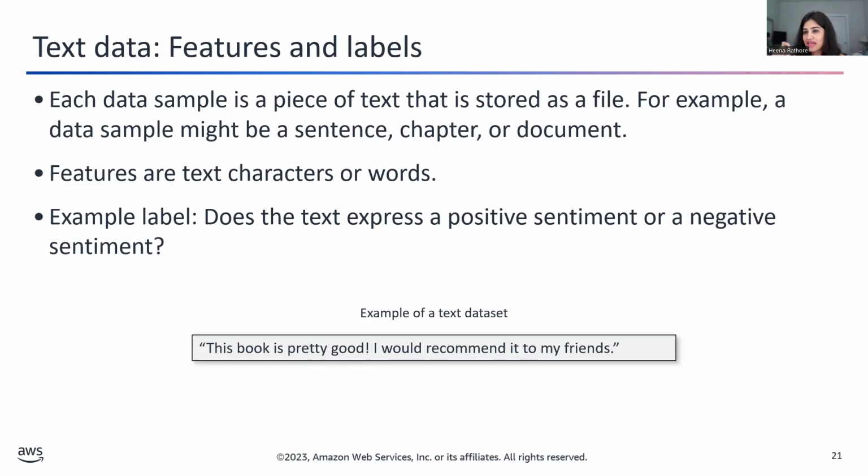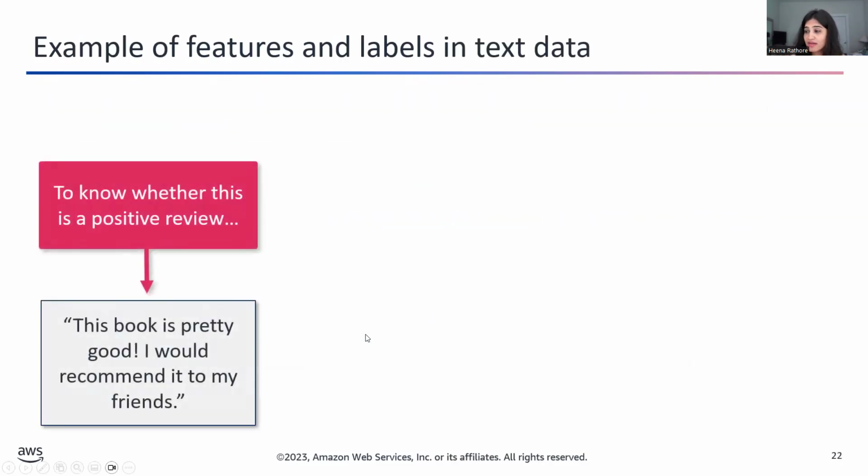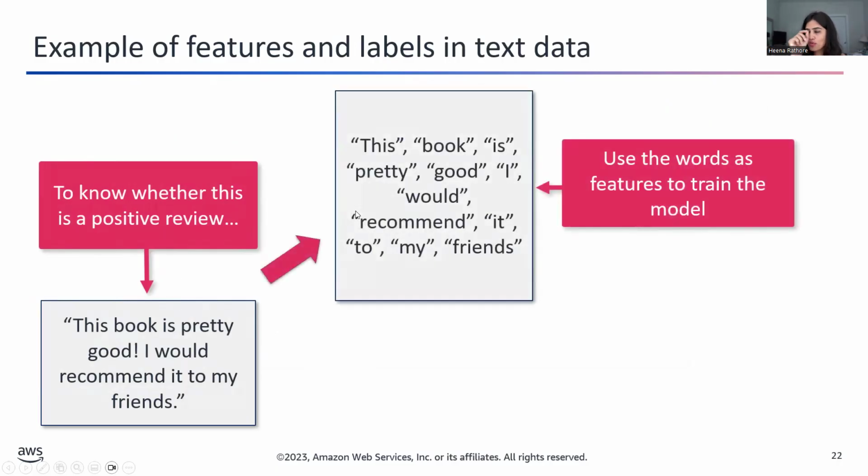And the label is whether it is a positive sentiment or a negative sentiment associated with the review of that particular book. So here, this is a positive review because it has words like good. I would recommend it to my friends. So you will put the words as features, so a single word as a feature.